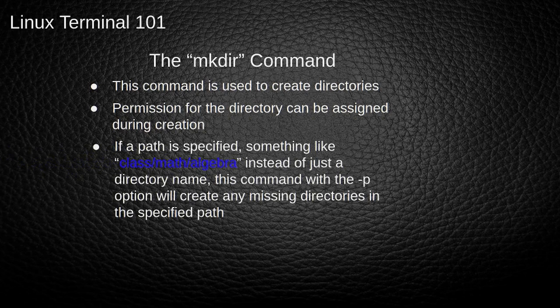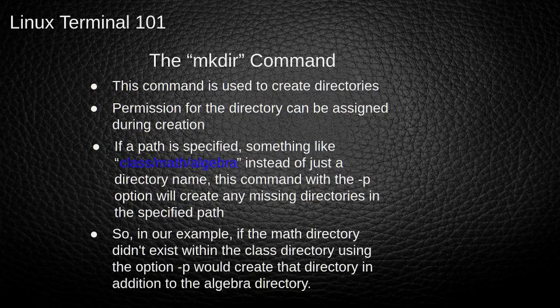One thing cool about using the P option is if there are any directories missing along the path you specified, it'll automatically create them for you. So in our example above, if the math directory didn't exist within the class directory, then using the option P would create that directory in addition to the algebra one, which was the original goal.